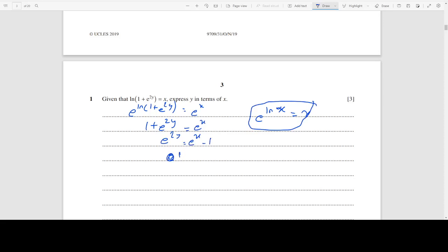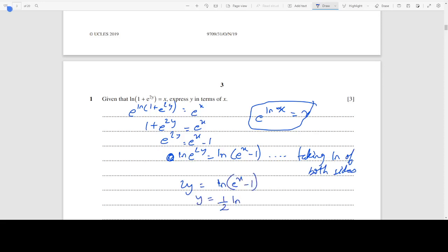Taking ln of both sides, ln e^(2y) equals ln(e^x − 1). So 2y equals ln(e^x − 1) and y equals 1/2 ln(e^x − 1).